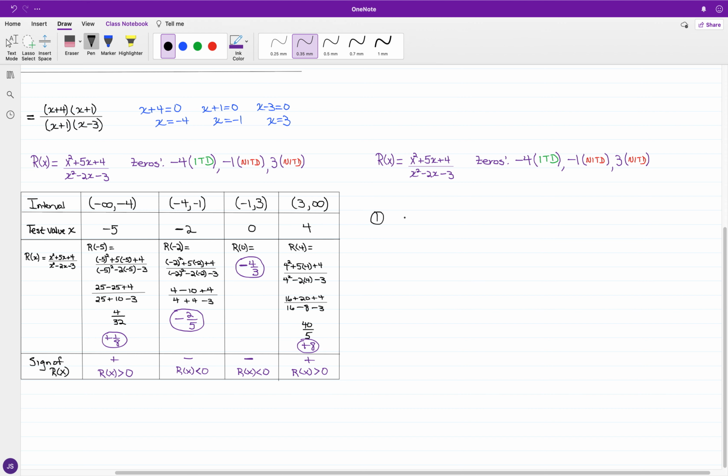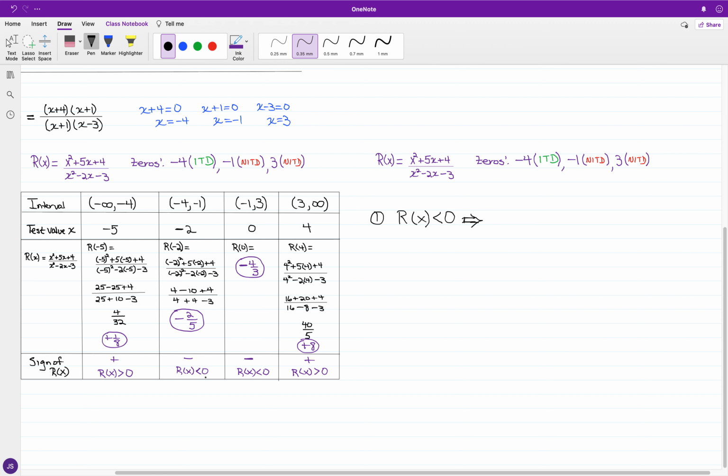Okay, so whenever we have r of x, again, r of x is x squared plus 5x plus 4 over x squared minus 2x minus 3. And whenever this ratio is less than 0, for the interval solution, because the inequality does not have the equal sign, your only grouping symbols will be parentheses.